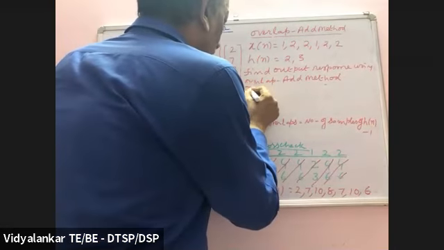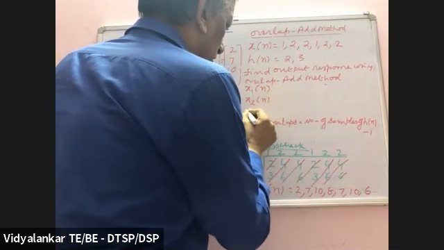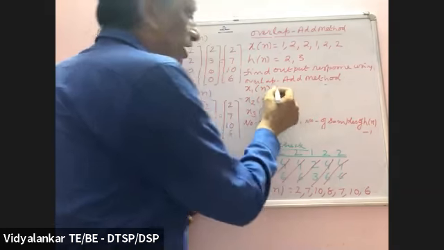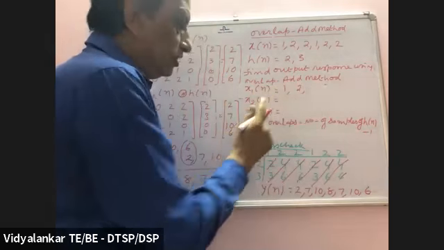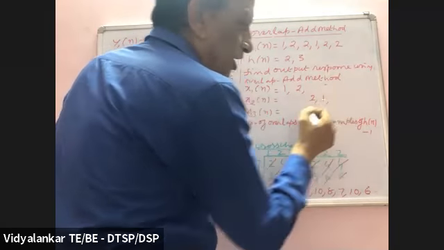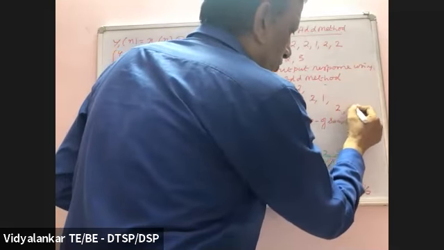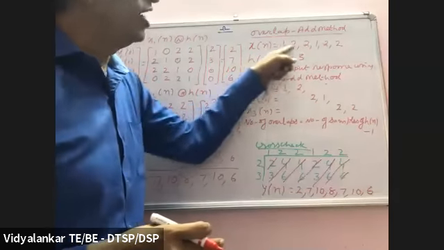One is x1[n], second part is x2[n], third part is x3[n]. x1[n] starts with the first 2 values, 1 2. After completing this, x2[n] starts with the next 2 values, 2 1. After completing this, x3[n] takes the last 2 values, 2 2. So that if you add x1[n] plus x2[n] plus x3[n], you will get the same.